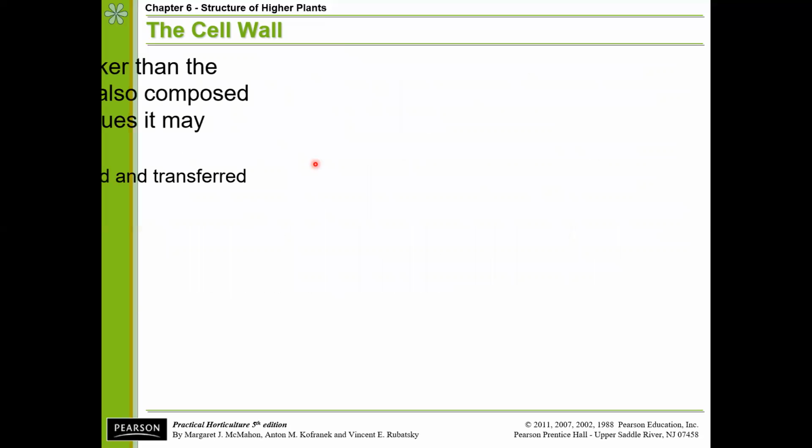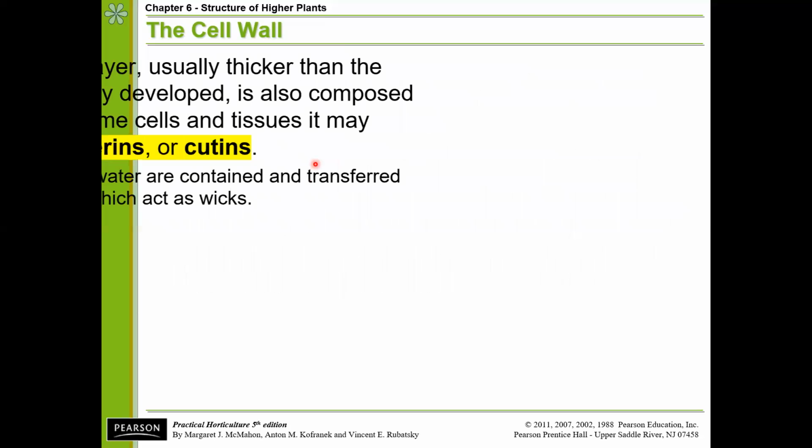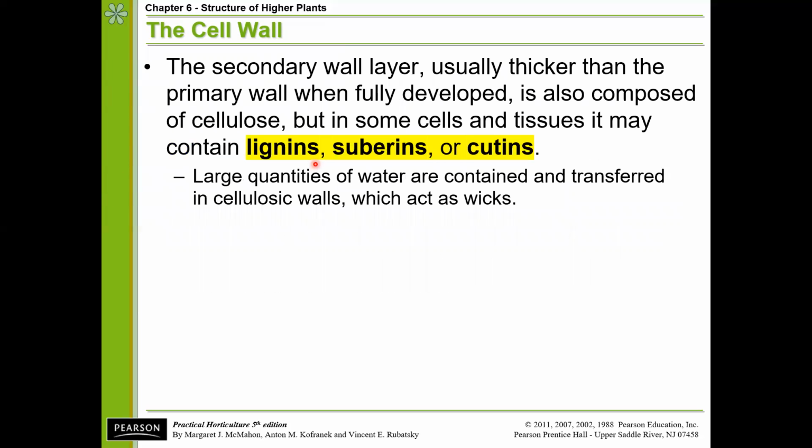Between the cell walls are different layers and different membranes, but I don't think for our purposes it's all that important to really look at them in detail. But it is important to recognize some of these chemicals that compose these cell walls and membranes. So in different plants and different tissues, we also get things like lignins, suberins, and cutins.